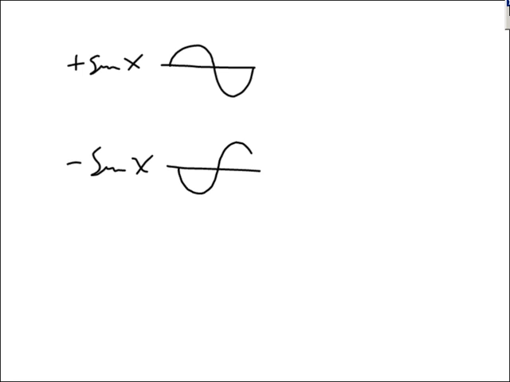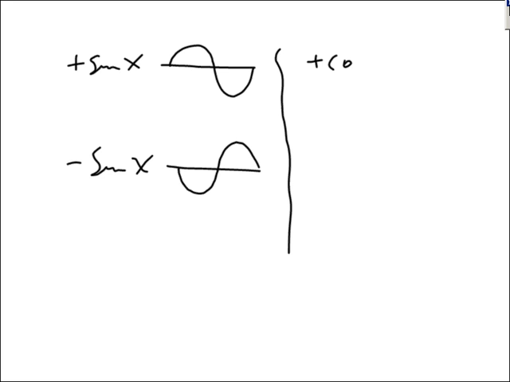Okay, you need to know the following basic things. You need to know that a positive sine graph looks like this. A negative sine graph is just upside down. You must know this.